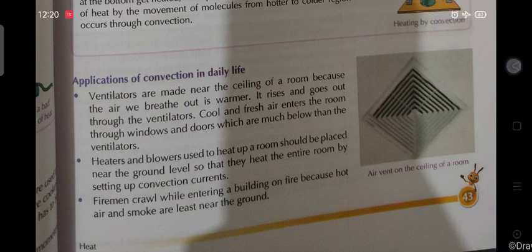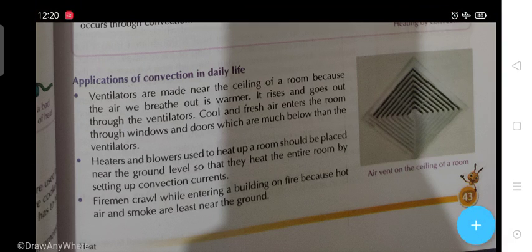And the second thing, heaters and blowers used to heat up a room should be placed near the ground level so that they heat the entire room by setting up convection currents. Students, for example, this is a room, and if you place a heater in the corner, then after some time that room becomes hot. But how does it take place?